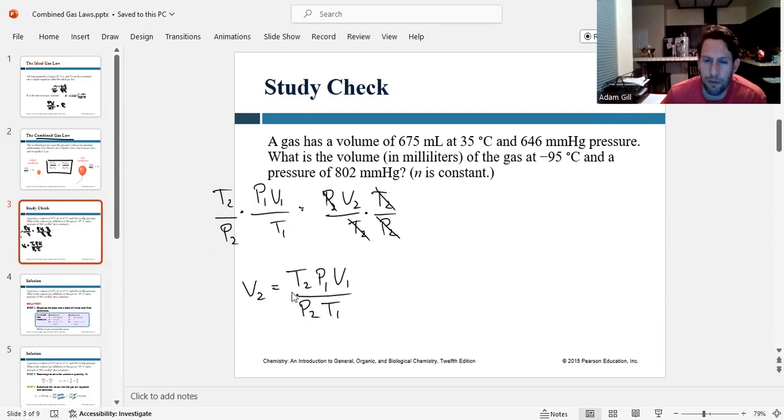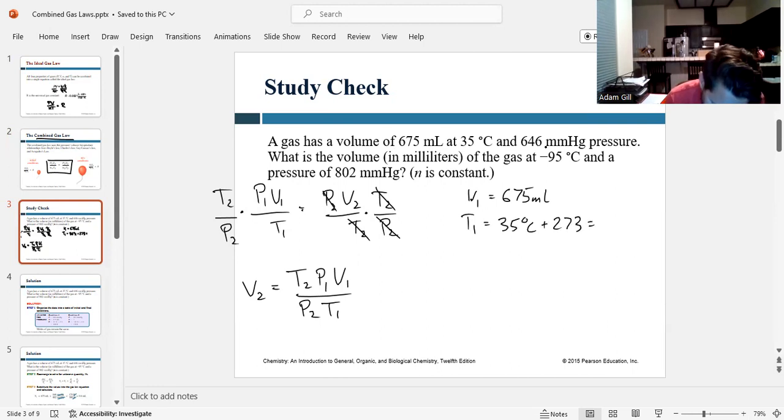Now, let's make sure we put everything in the proper place here. Let's write out our variables. Gas has a volume of 675 milliliters, so volume 1 is equal to 675 milliliters. They tell us temperature 1 is equal to 35 degrees Celsius. We want to make sure that's in Kelvin, so plus 273, it's going to be 308 Kelvin. And pressure 1 is given as 646 millimeters of mercury.